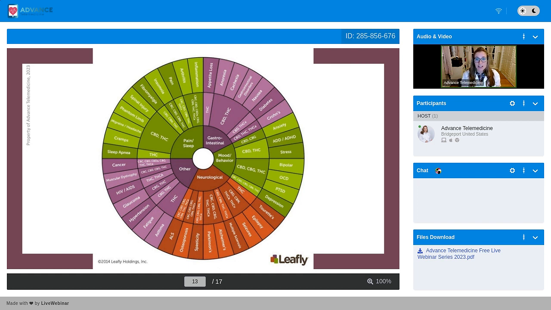This can help. With this chart, it shows which combination has been shown to work best for the different symptoms and conditions. CBD and THC help the best with migraines, cramps, spinal injuries. Let's see, CBG helps the best with glaucoma.